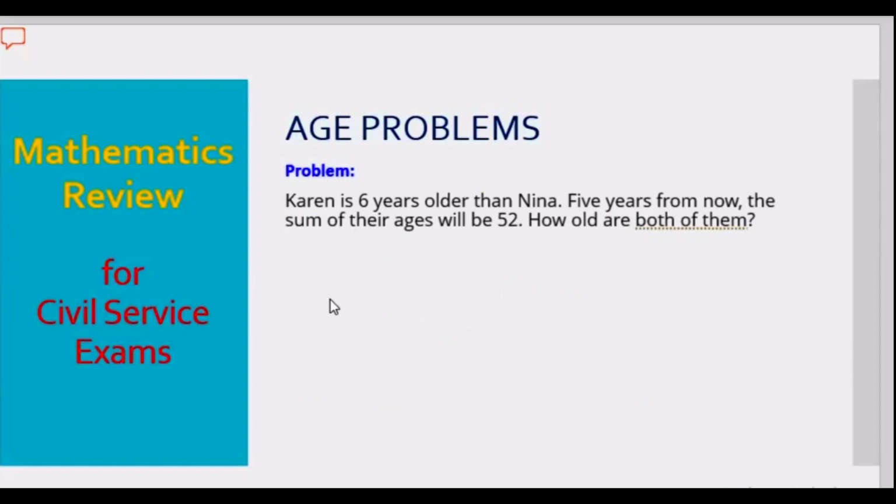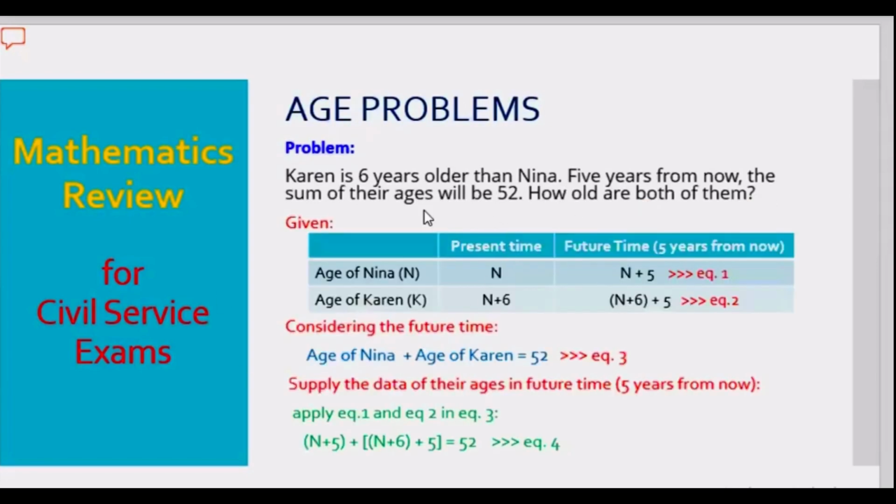Okay, Karen is 6 years older than Nina. 5 years from now, the sum of their ages will be 52. So how old are both of them? So again, given from the problem, I have this table. I hope you guys can follow through with this.